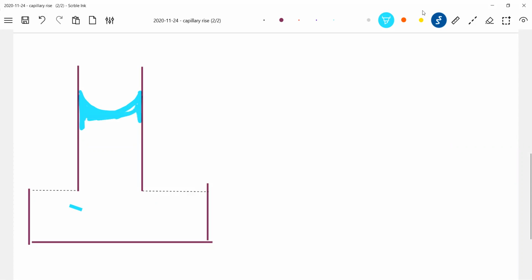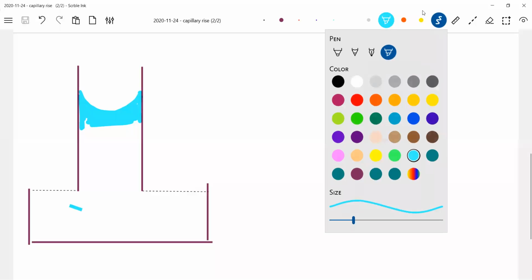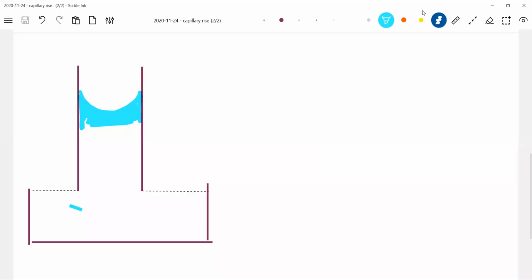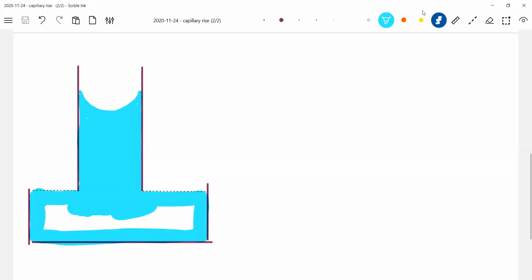So what I just used was the pressure concept. Let's talk in terms of force due to surface tension. Who will balance the weight of the liquid column? Inside the capillary tube there's some amount of liquid, no? Because water will be denser. So who will balance that weight of the liquid?